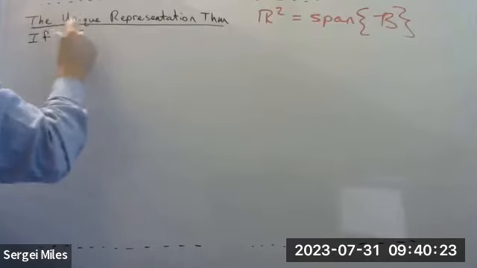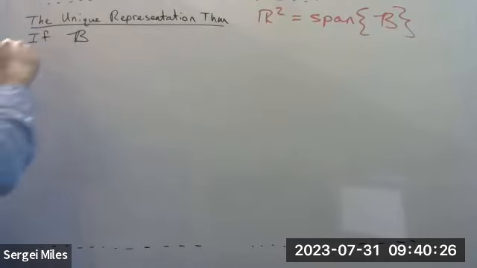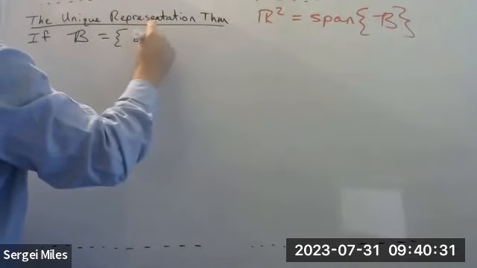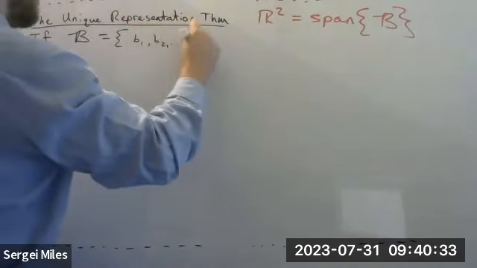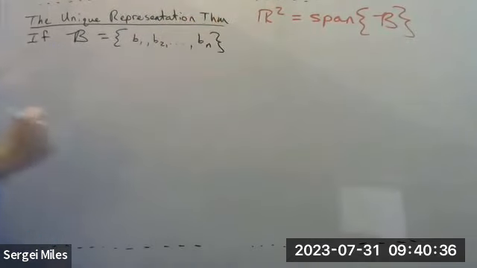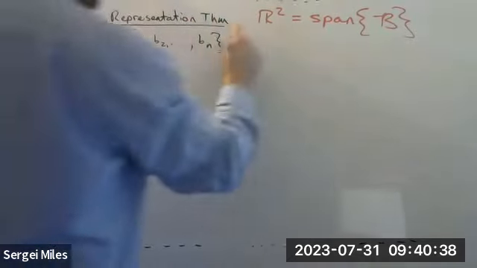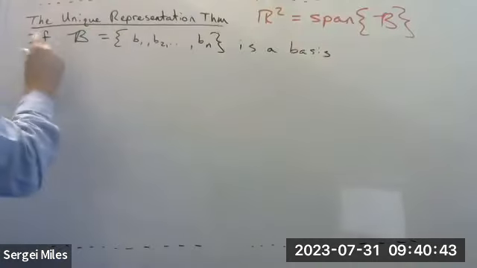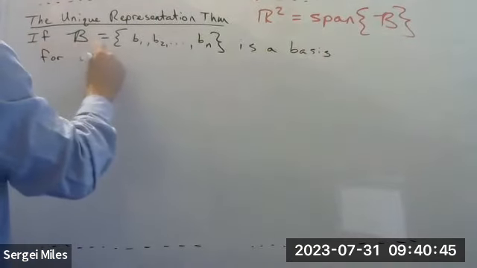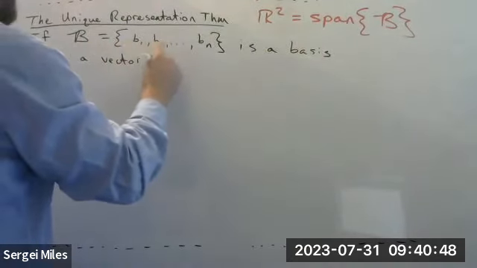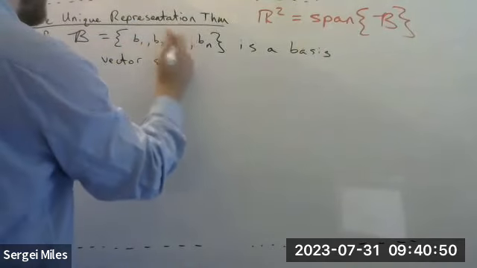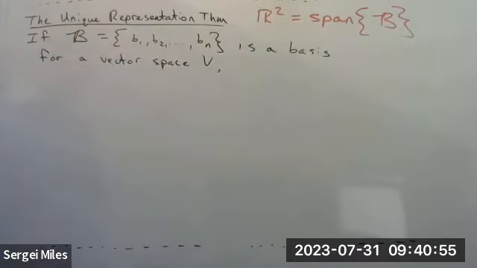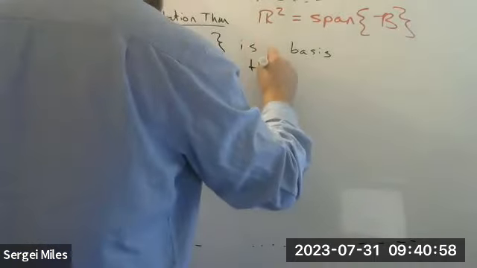All right, so if script B, remember using this fancy B for a basis, equals B1, B2, dot dot dot, Bn. Suppose that B is a basis for a vector space, capital V. Then what does this mean?